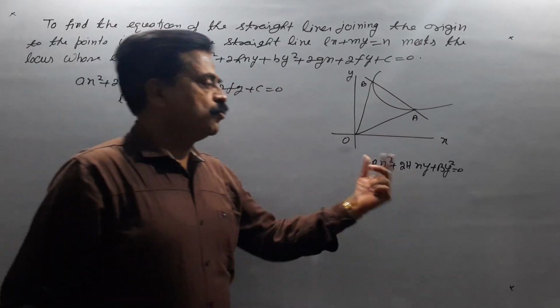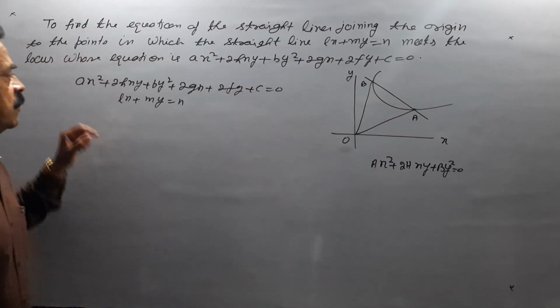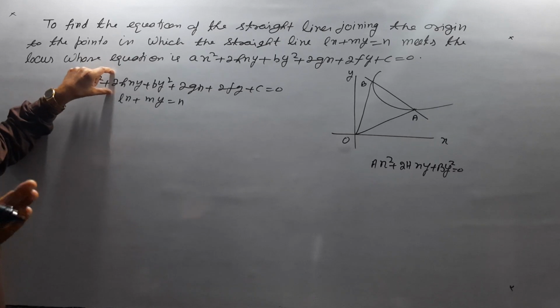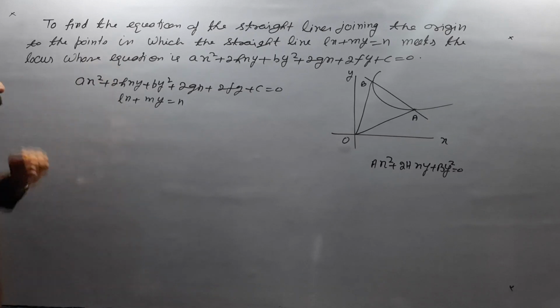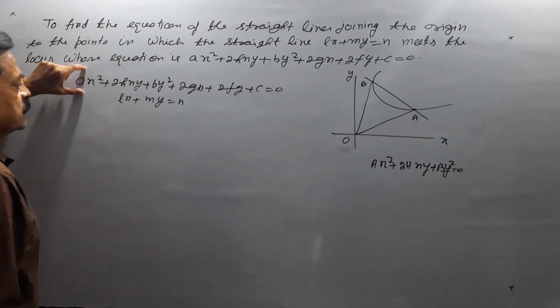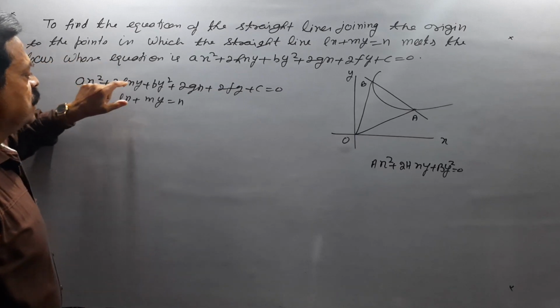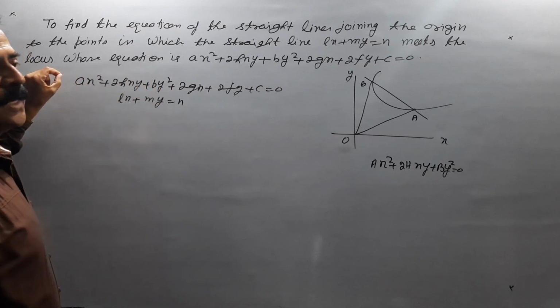So this is a homogeneous equation of second degree, which means we have to convert this equation into a homogeneous equation of second degree by using this straight line. The first three terms of this equation, ax square, 2hxy, by square, are second degree terms.